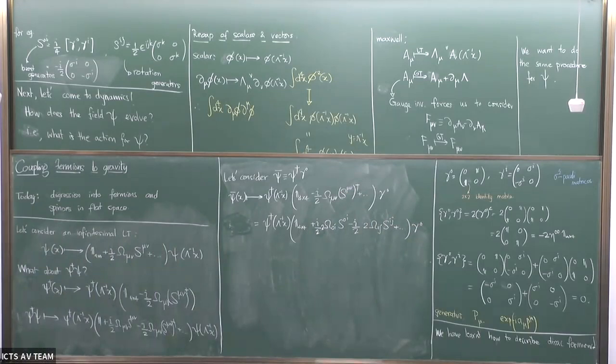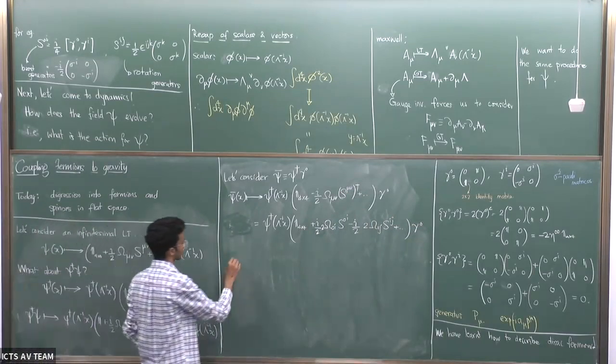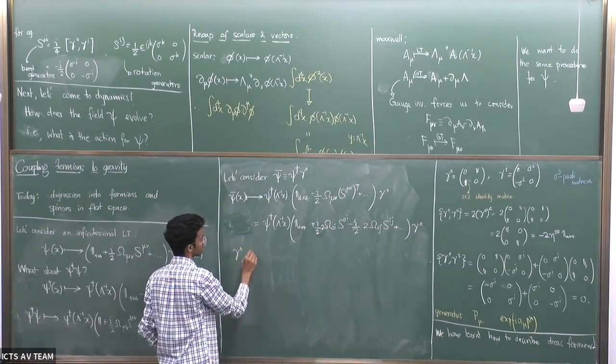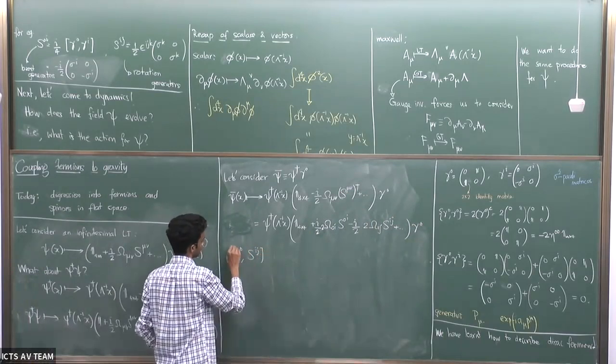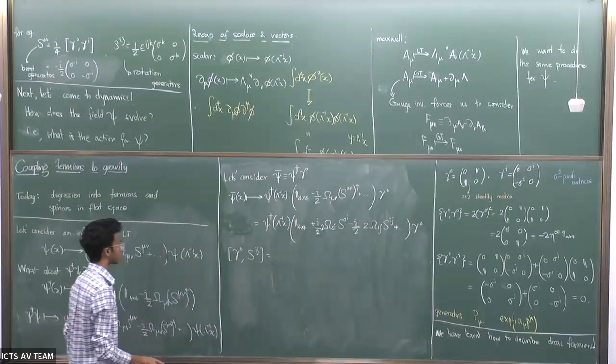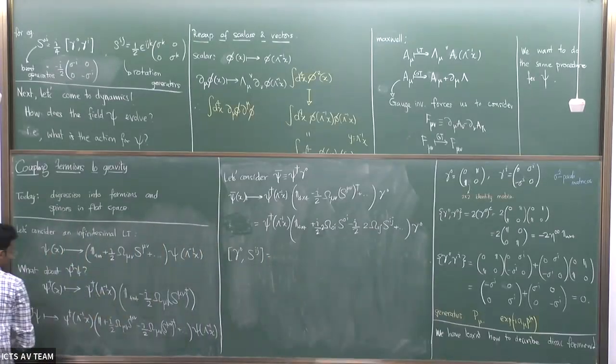Now let's see how gamma 0 commutes or anti-commutes with S0i and Sij. Let's first compute the commutator of gamma 0 and Sij. Or let me do that after saying the answer.